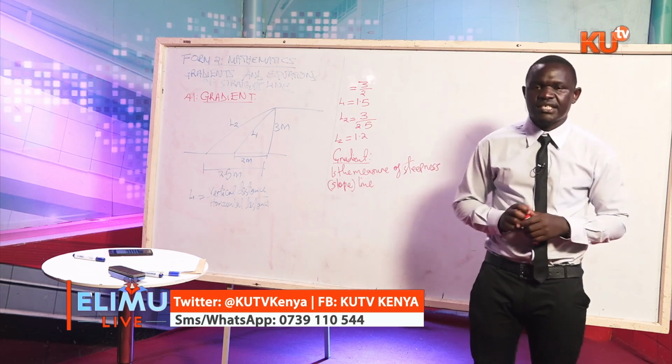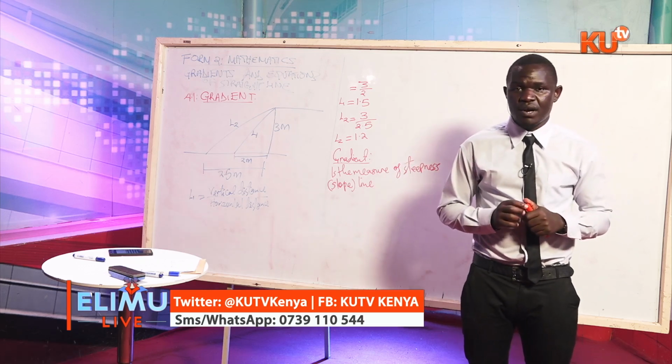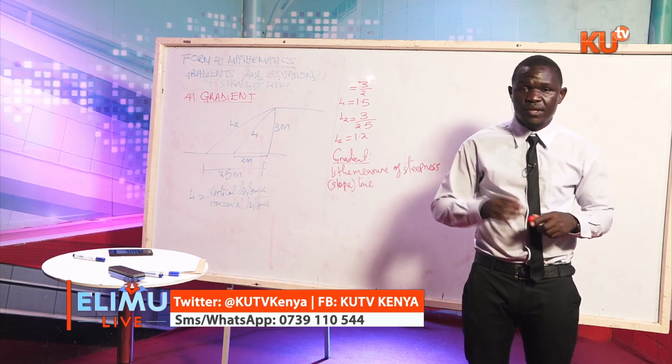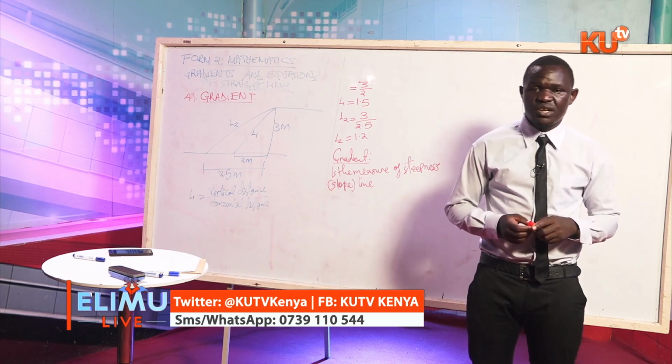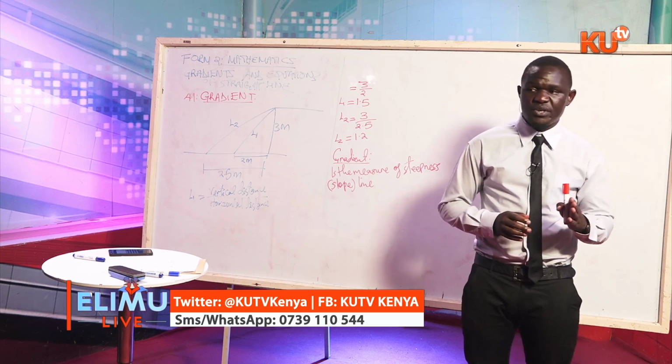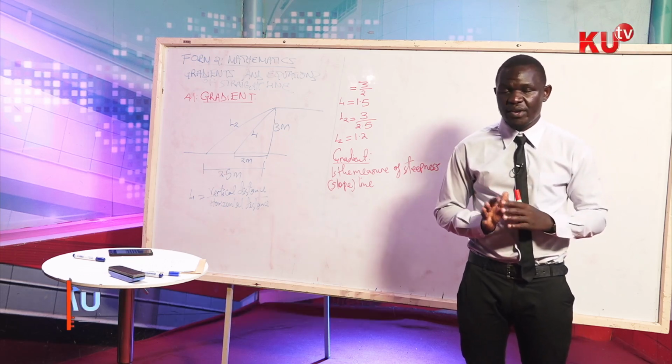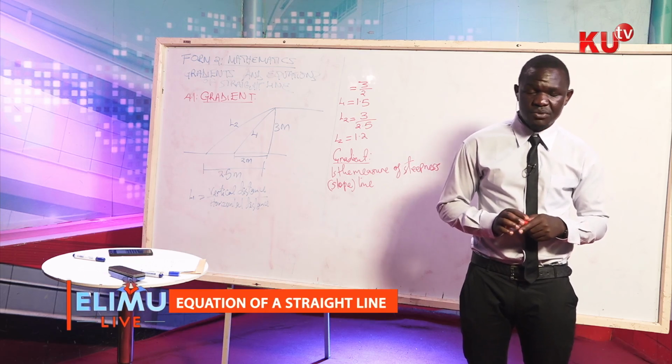Hope, students, you remember in Form 1, you were introduced to the concepts about the coordinate. And you were told we normally have the x coordinate and the y coordinate. Do you remember it, students?